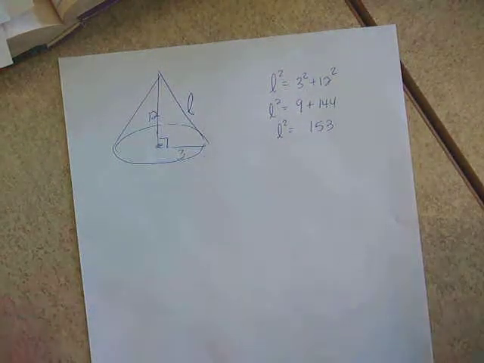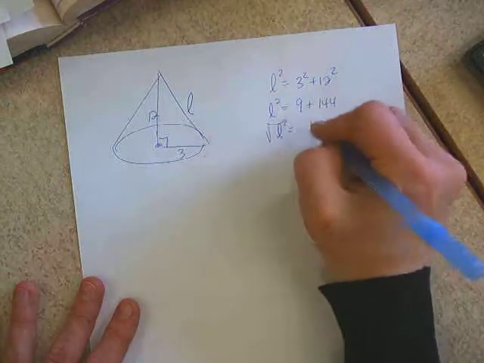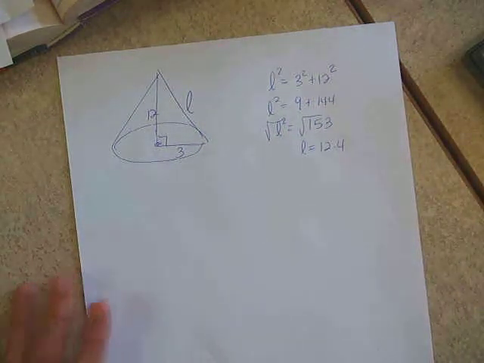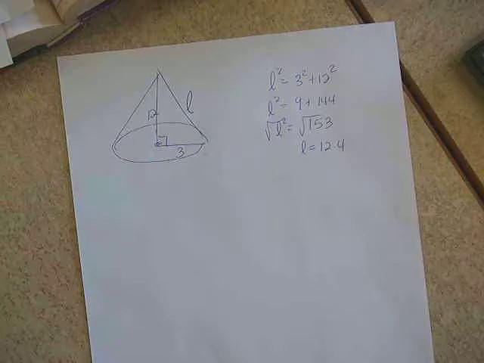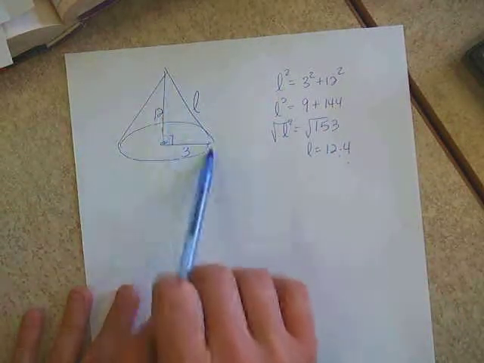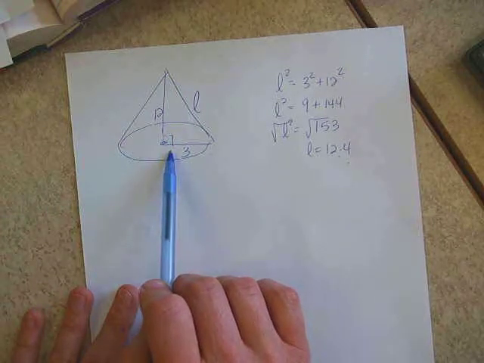L squared is 3 squared plus 12 squared. So 9 plus 144 would be 153. Square root of that is 12.4 approximately.